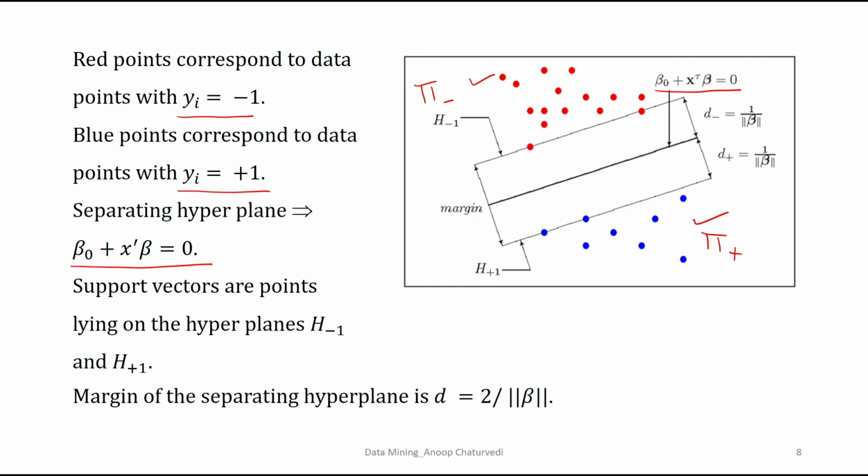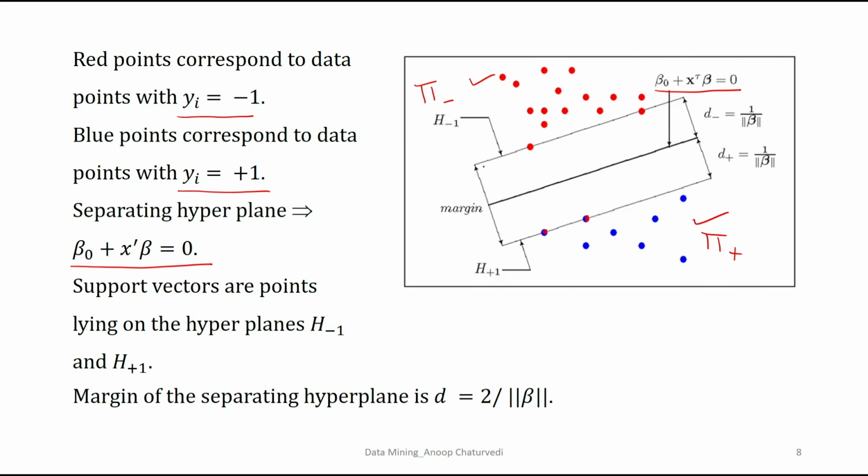And the support vectors are points lying on the hyperplanes h minus and h plus. So, we consider the points which are closest to this separating hyperplane. Now, in pi minus, these are the points, and in pi plus, these are the points.